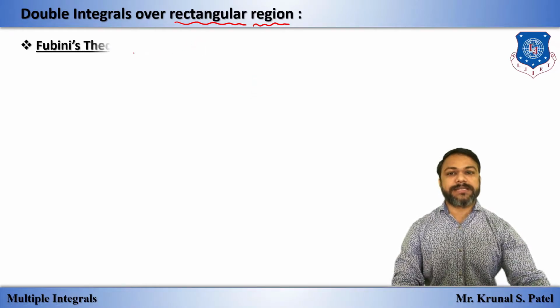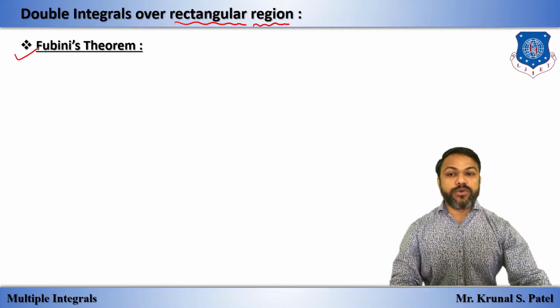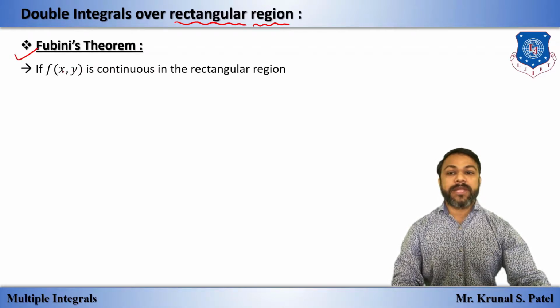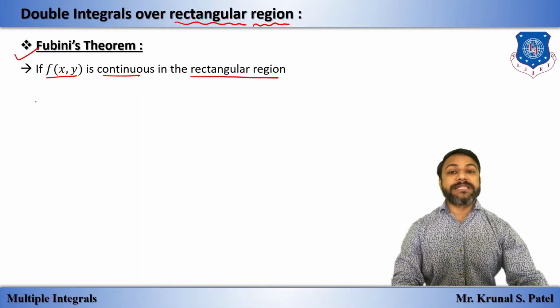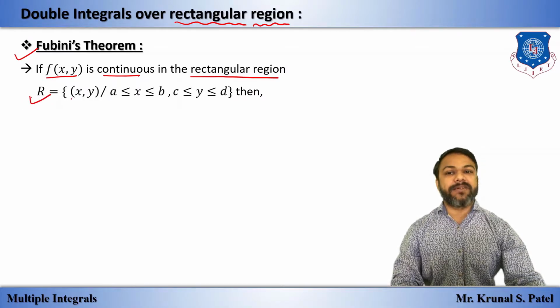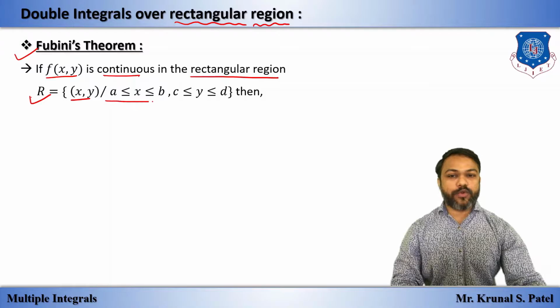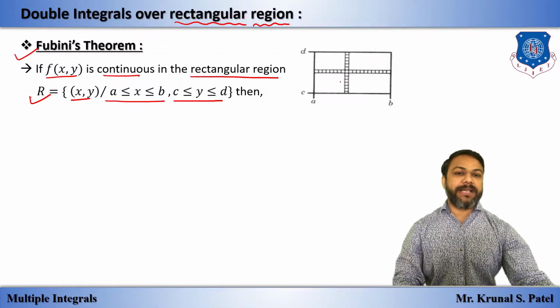Here we will use Fubini's theorem. What is Fubini's theorem? If f of x comma y is continuous in a rectangular region, which is given by capital R equal to the set of x comma y, where x is the x coordinate and y is the y coordinate, x lies between a and b and y lies between c and d, which is given by this graph.